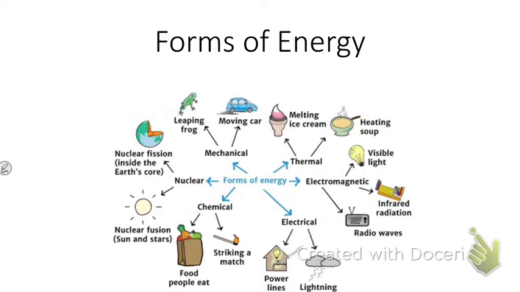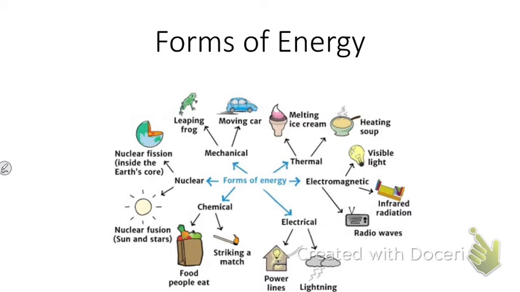Okay, so yesterday you guys learned about different forms of energy, right? So I'm not going to go into this too much, other than the fact that there are a lot of different forms of energy, right? We have electrical energy, which is allowing us to sit in a lighted room and watch a smartboard and all that kind of stuff.